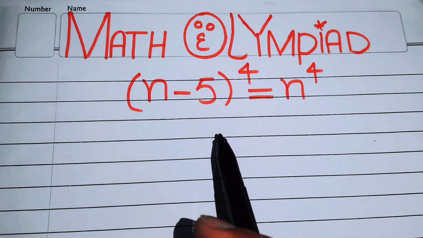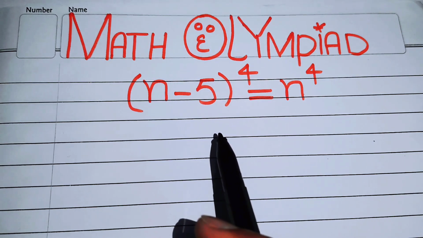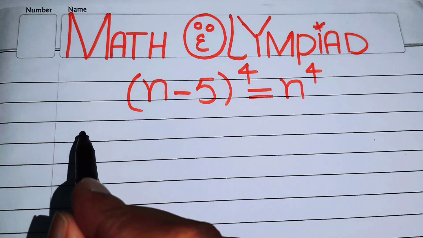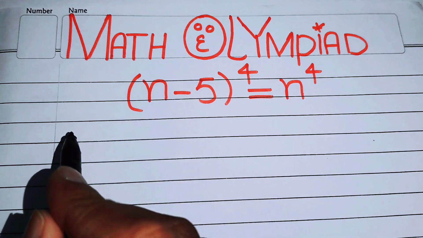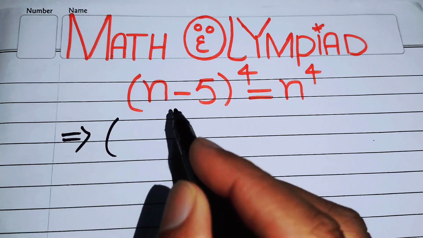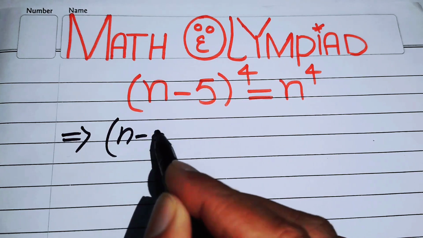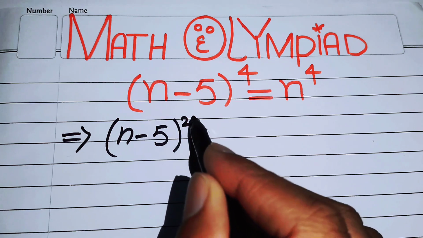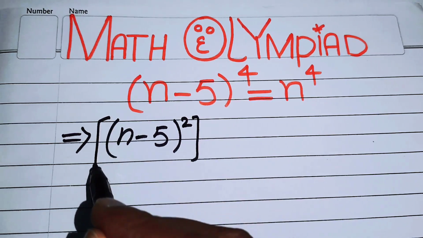So the very first step we are going to do is rewrite this equation as ((n minus 5) squared) squared.